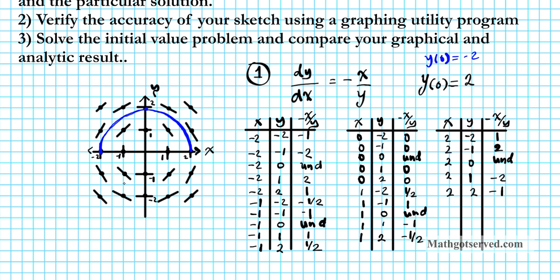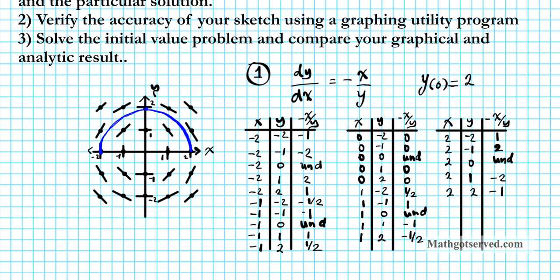In that case, it would be two separate functions or a relation if combined. So since we were not given this piece right here, the only portion that we can graph is the upper semicircle. All right, y(0) is equal to 2. So that's the graph of the solution to this differential equation. This differential equation basically helps us calculate the slope at every point on this curve.